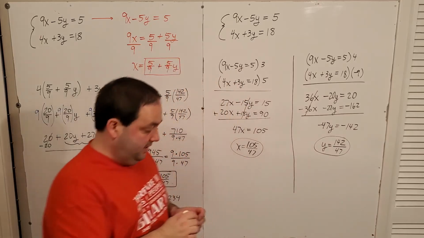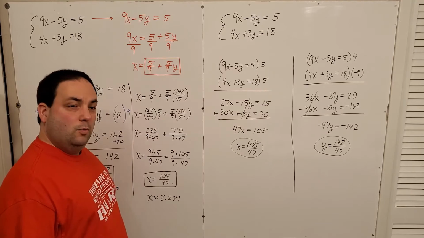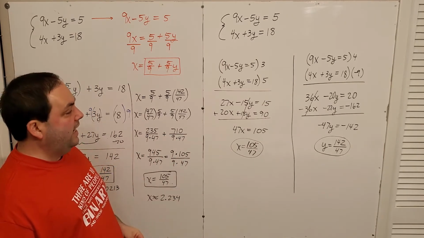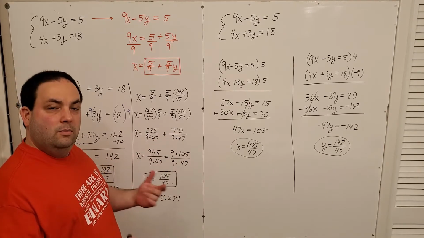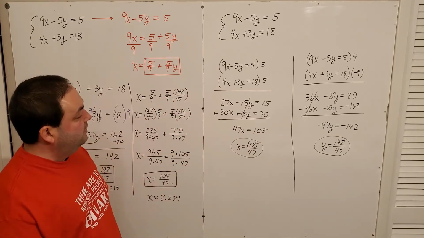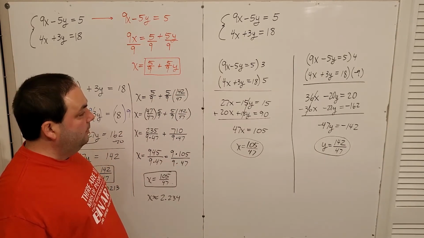So again, notice it's the same answer, but the workflow on the elimination side is so much smoother and more efficient because all I'm doing is just a couple of quick multiplications and then some division, right? Multiplication, addition, division. So it is going to feel like it flows better with elimination.